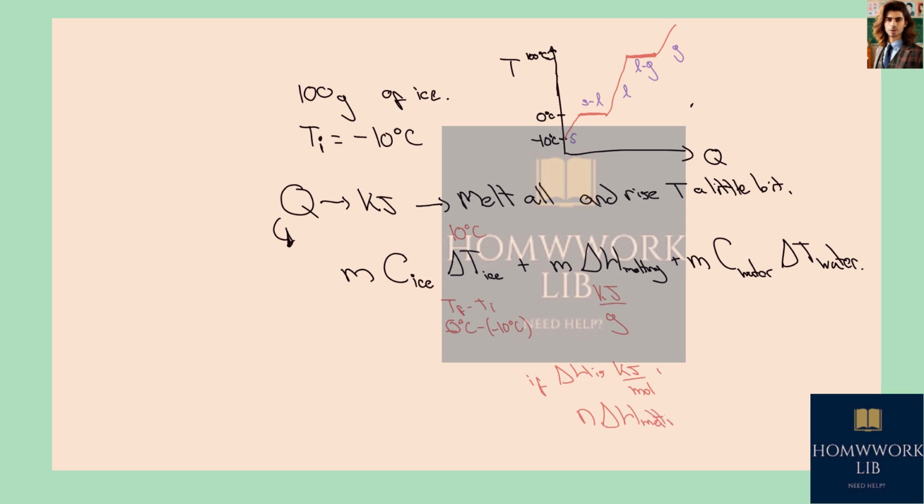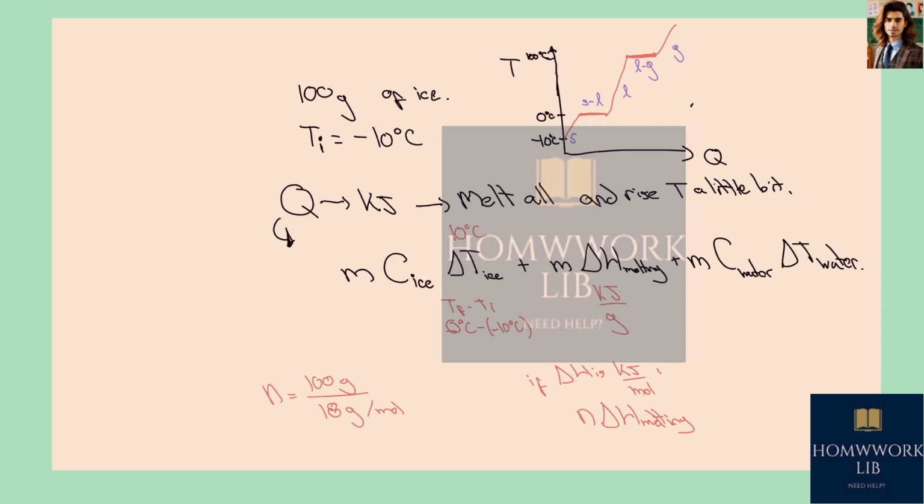How do I get the amount of moles? Simply n is going to be equal to 100 grams of ice, that is the same as grams of water, divided by the molecular weight of water, that is 18 grams per mole.